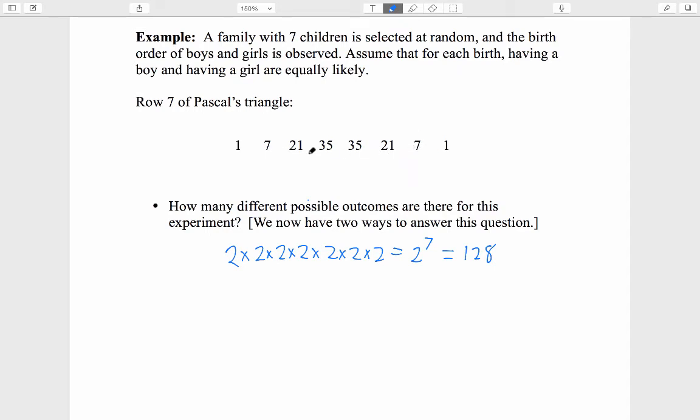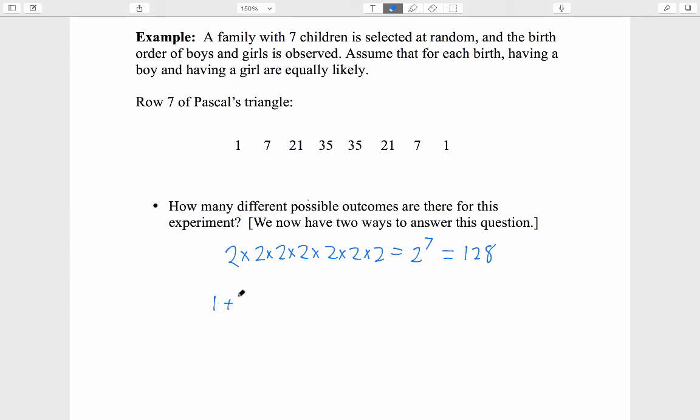And it's true that we did need to develop Pascal's triangle and the various thought processes behind it in order to come up with these numbers. But as for the experiment as a whole, the sum total of all different possible outcomes in the experiment, that was indeed a job for the multiplication principle, and we were using the multiplication principle already before we got into this whole Pascal business. So the total number of different possible outcomes is indeed 128.